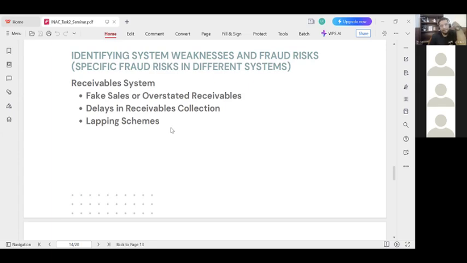He takes that payment instead of paying person A. And then when the payment for person B comes, instead of paying it to person B, he would pay it to person A. This is called a lapping scheme. So these are the types of problems you could see with your receivable system.